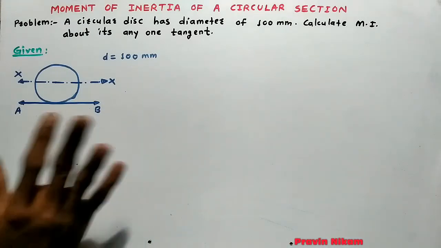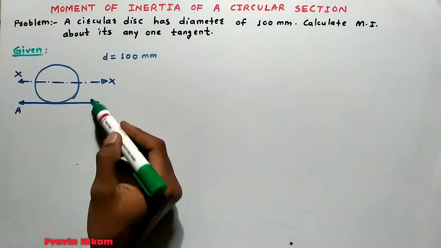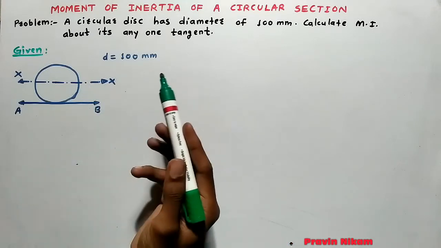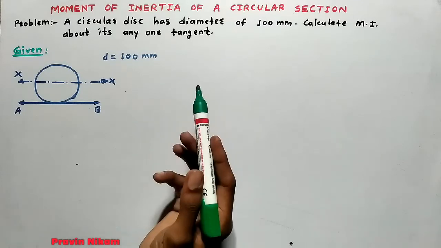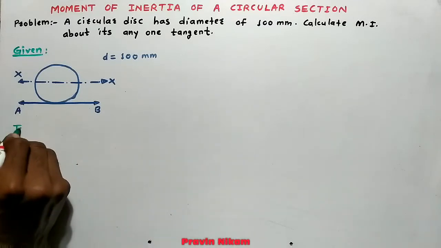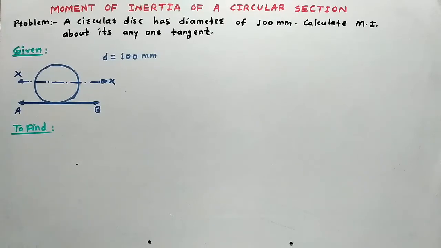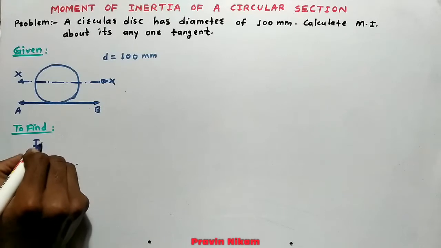Let us understand this concept: if both the axes are parallel to each other, we can use the parallel axis theorem to solve the problem. So we have to find the moment of inertia about this tangent, meaning IAB.